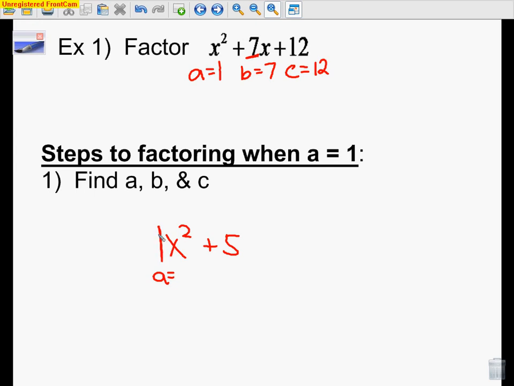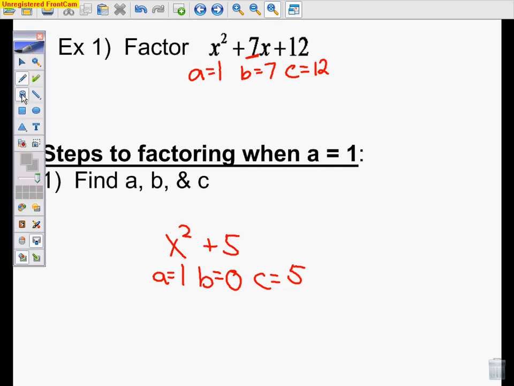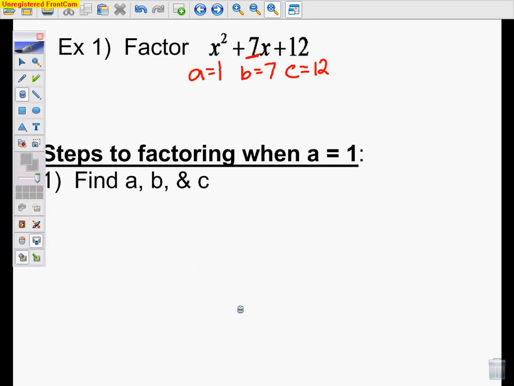So the coefficient here, again, is 1. B is the coefficient on the x. And what is that? It's 0 because there is no x. So b is 0 on this one, and c is the constant, and the constant we have here is positive 5. So make sure that you're careful when you are finding your a, b, and c.